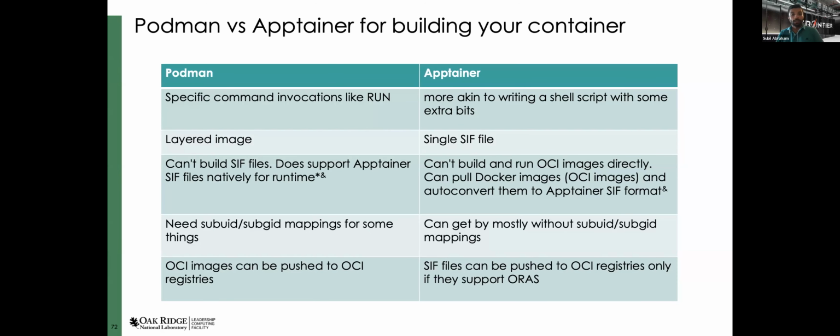But if there's a particular version of an Intel CPU and a newer version of Intel CPU with specific optimization options, that container may not be as portable, because you're tying it to a particular set of optimizations. But you can still do it.